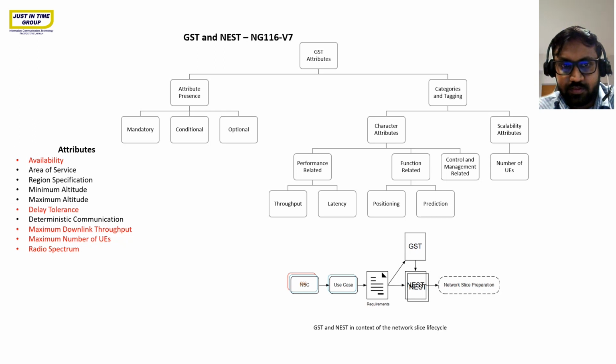What you can see over here as NSC means network slice customer, or consumer. Then you have different use cases, then you have the requirements, then you create a GST out of those requirements according to GSMA. And once you provide those numbers, then you can create a NEST out of that.